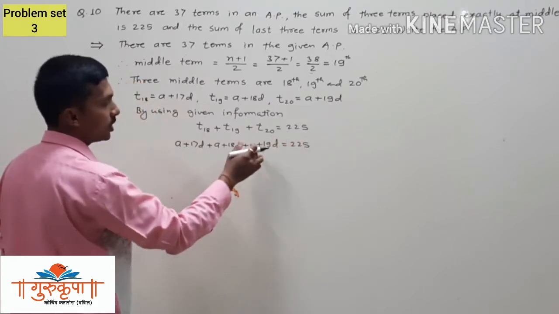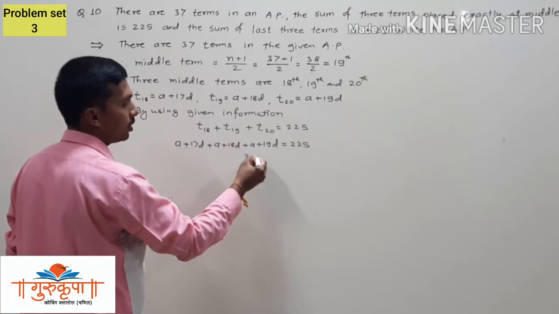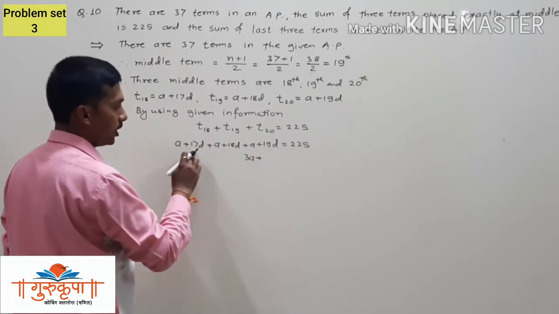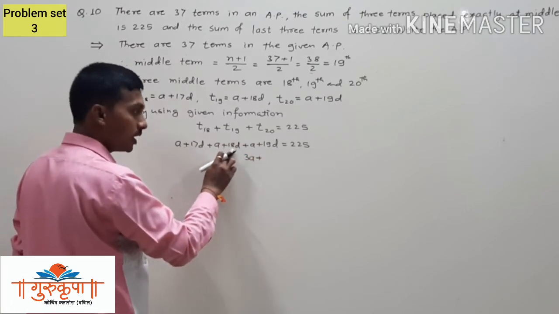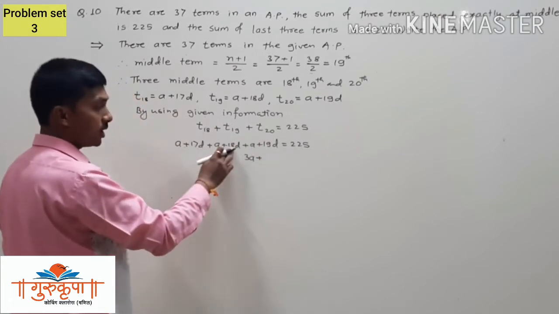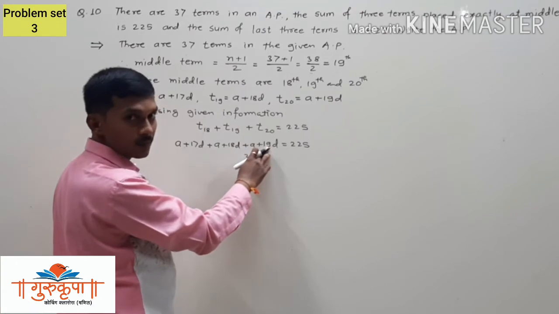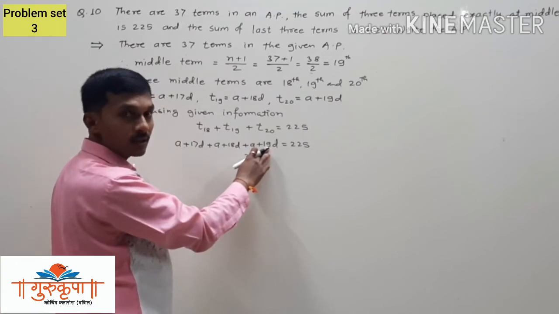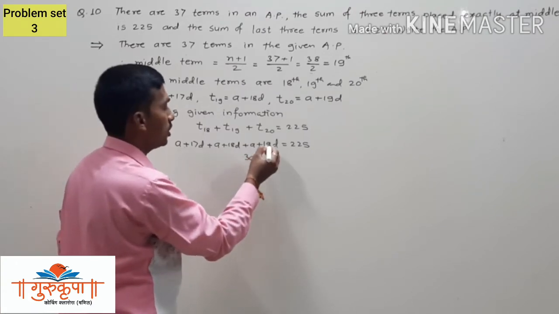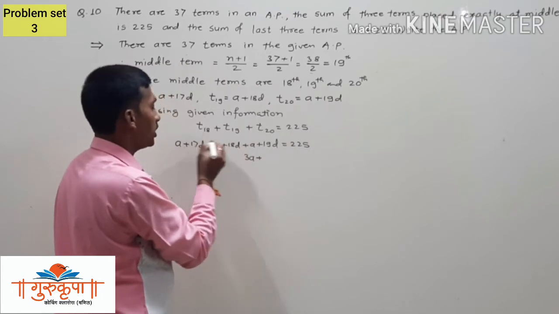This is A plus A plus A is 3A plus 17 plus 18 plus 19. 17 plus 18 is 35. Now 35 plus 19, that is 54.